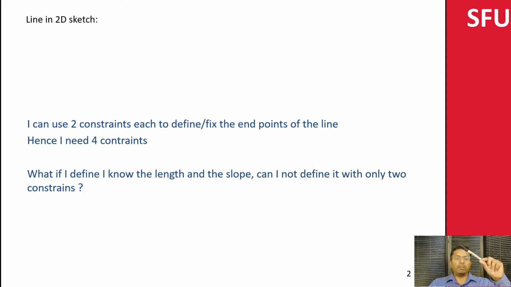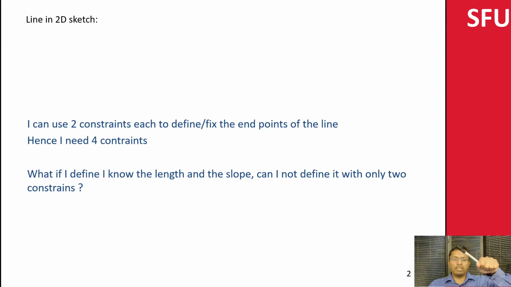The point you need to remember is that if you just define the length and the angle, the line itself can still move up and down or left and right. So what you need to do is constrain one of those points completely. You have to define two constraints to prevent it from moving along the y and along the x.